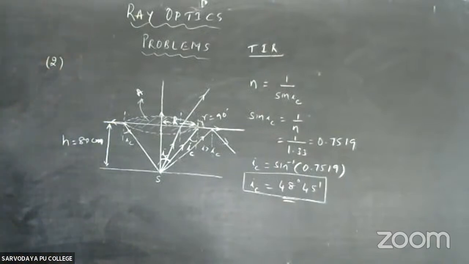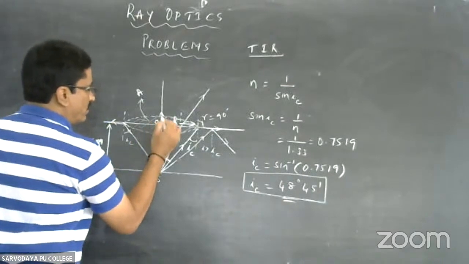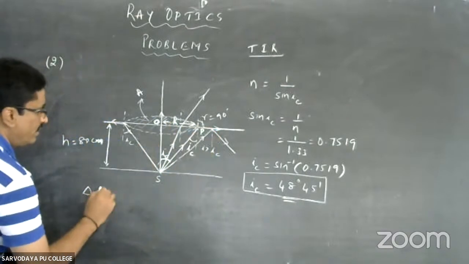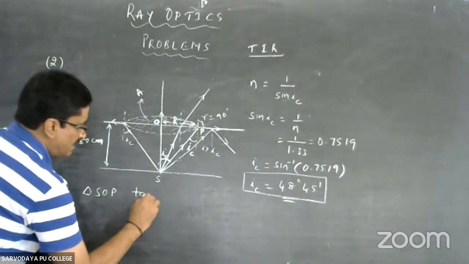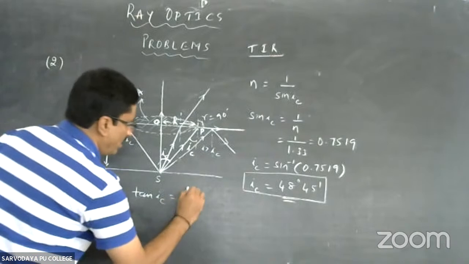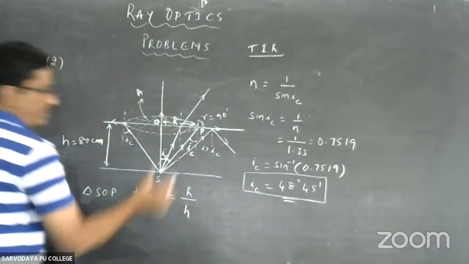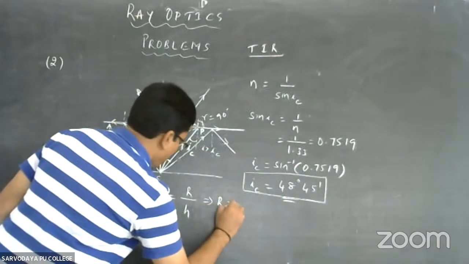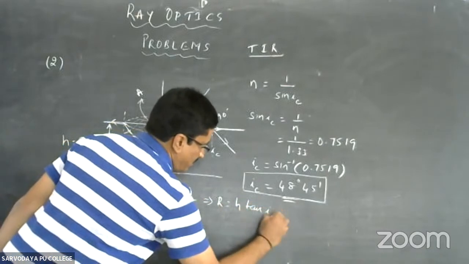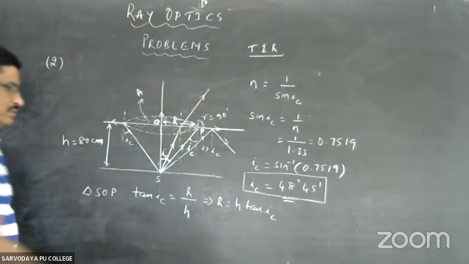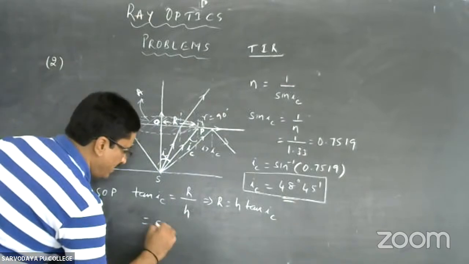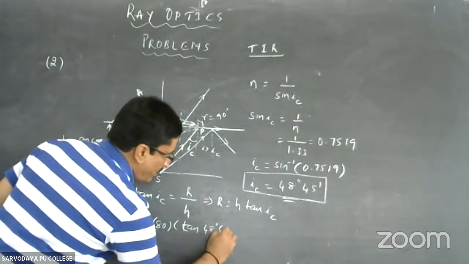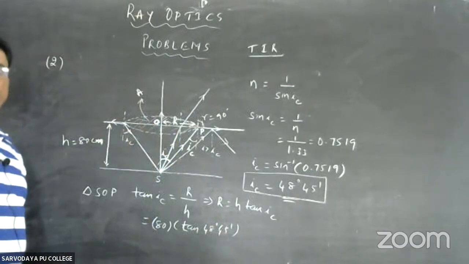If I consider this as O and this as some point P, then from the triangle SOP, tan IC is equal to R divided by H, opposite by adjacent. This implies R is equal to H into tan IC. Now H is 80 centimeter, into tan of 48 degree 45 minutes, the critical angle value that we have got.